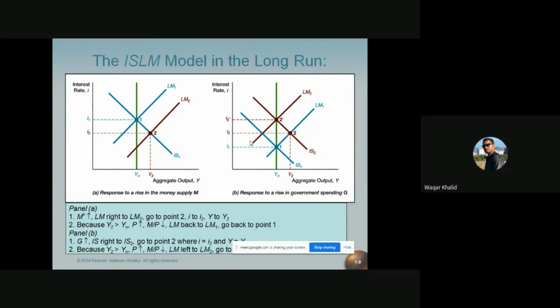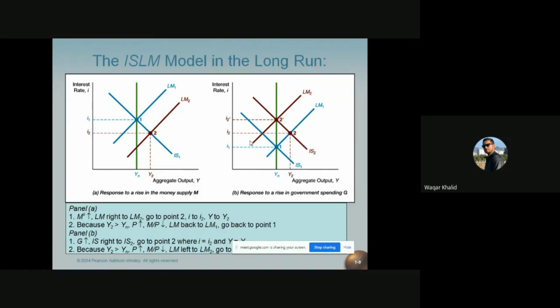So what can we conclude from the discussion? We can say that the increase in money supply has left output and interest rates unchanged in the long run. This is known as long run monetary neutrality. Why?